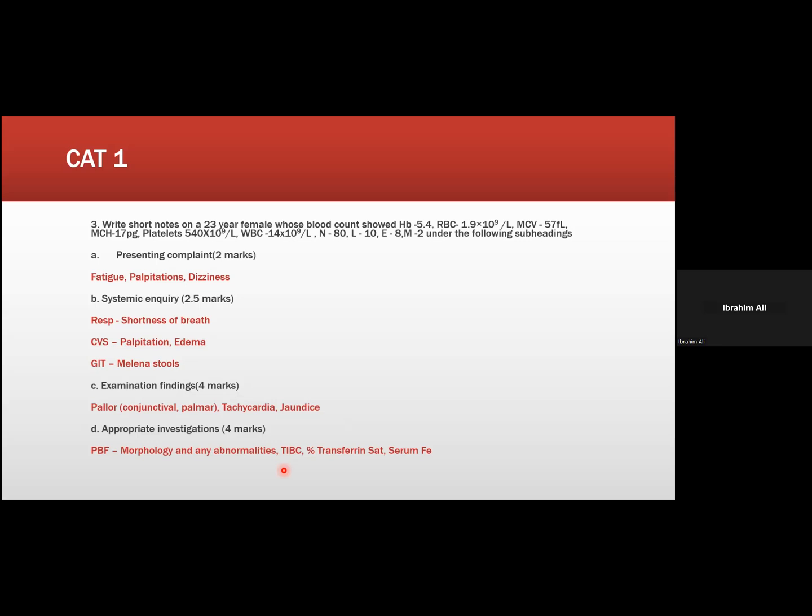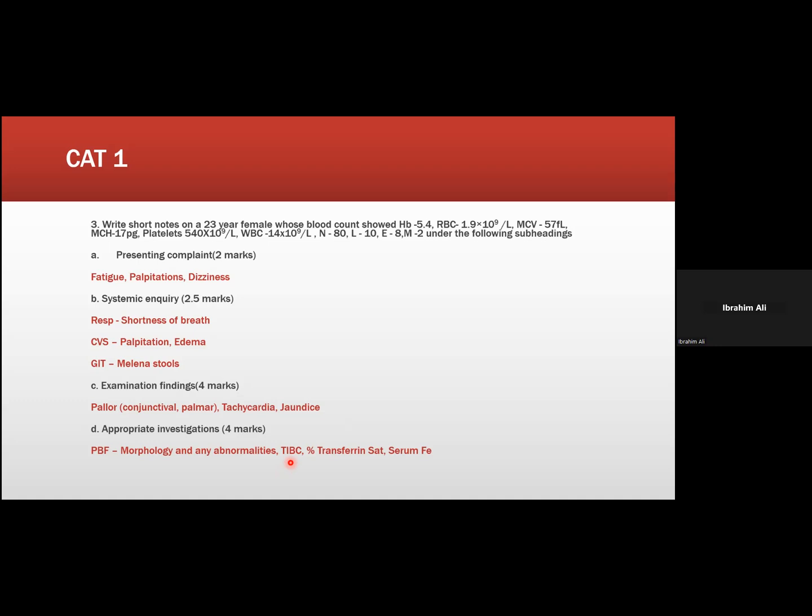thalassemia and so on. And then your TIBC, those are the biochemical investigations I was talking about. So total iron binding capacity will be increased. Most probably in this case, it can't be anemia of chronic disease. Remember, because the MCV is very low.